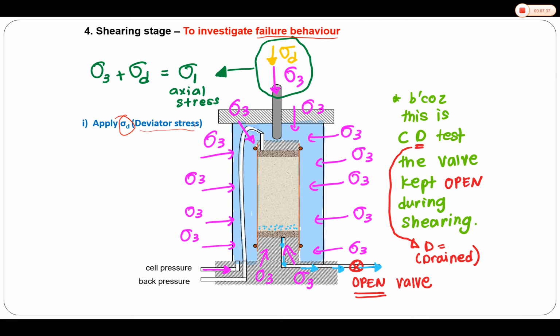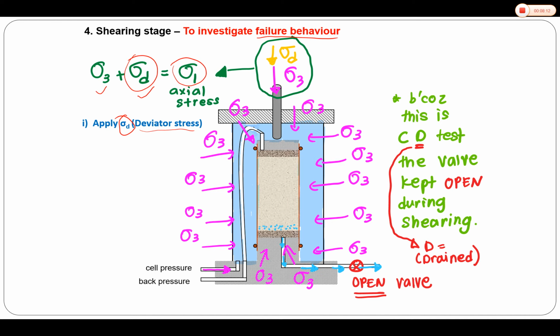Previously the sample already received sigma 3, and then during the shearing stage, we add the deviator stress sigma D. So the axial stress, which is sigma 1, is equal to sigma 3 plus sigma D. So we have the sigma 1. You must know these important ones: sigma 1, sigma 3, sigma D, because later in the data analysis, these are what we will use.